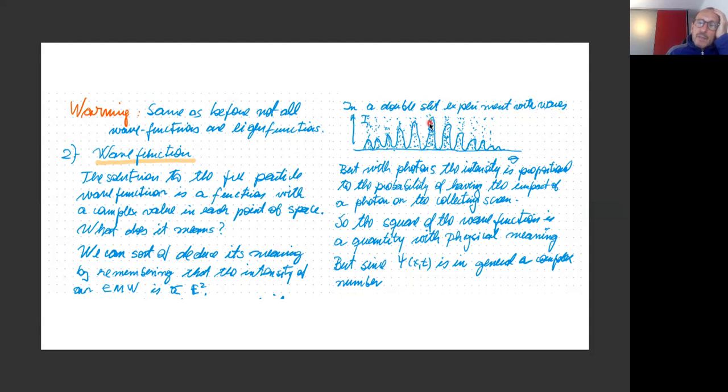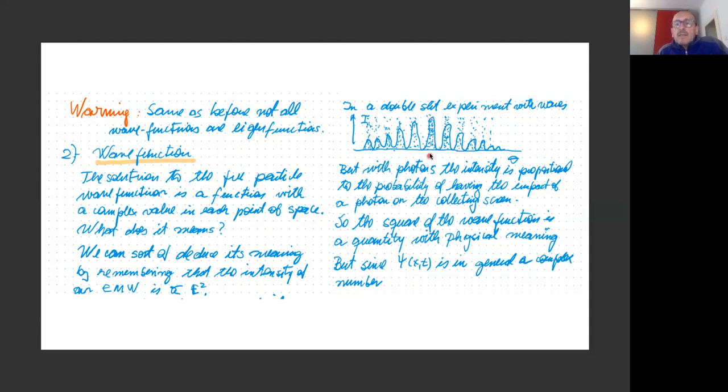When we calculated this for electromagnetic waves, we squared the value of the electric field, and the square of the electric field has to do with the intensity.